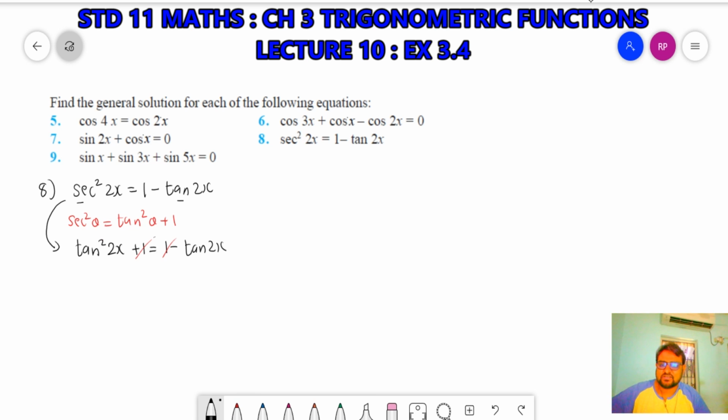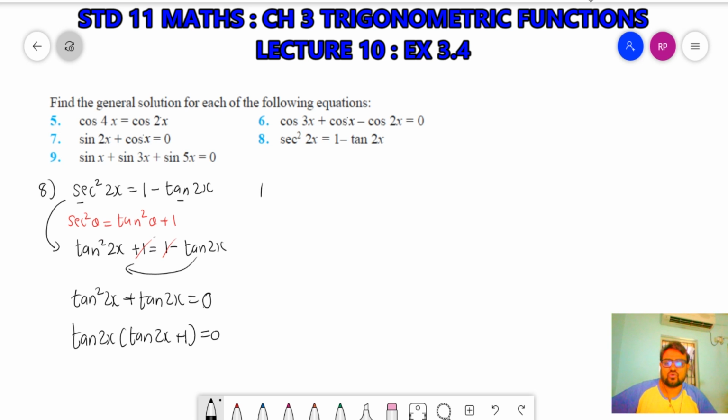Okay. So now let's take this tan 2x on this side. tan²2x plus tan 2x is equal to 1. Taking tan 2x common, I will get tan 2x (tan 2x plus 1), sorry, not 1, it will be 0, is equal to 0.